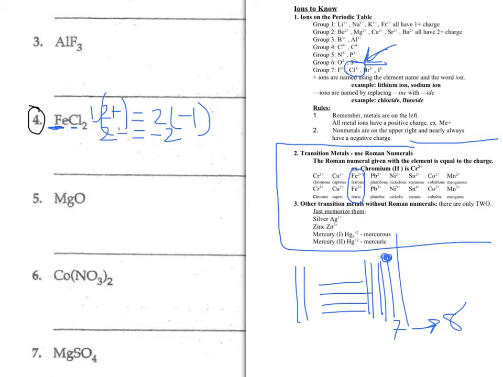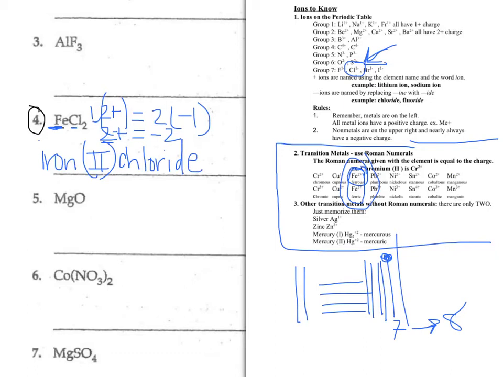So remember that ionic compounds are always neutral, and that's how you can use that method to determine which of the different charges is present. So since it's 2 plus, 2 plus is right here, and you would put iron, Roman numeral 2 if you're using the stock method, and then chloride.